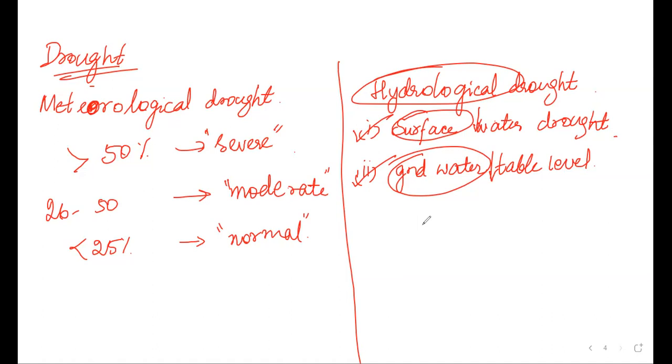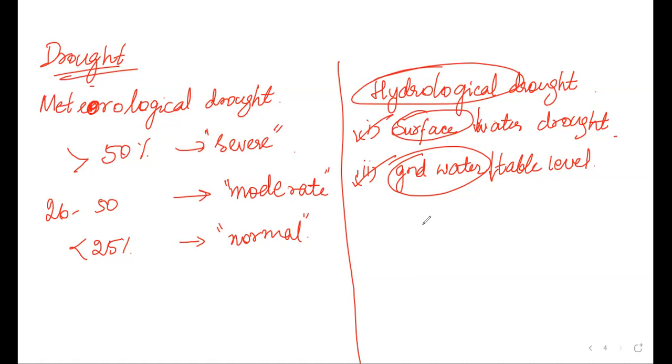The third thing is agricultural drought. This happens when the soil moisture and the rainfall are inadequate to support good crops.